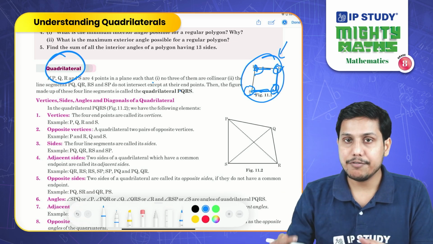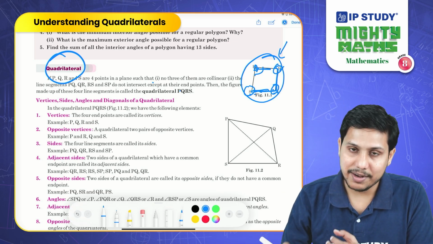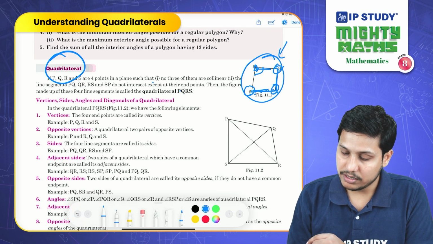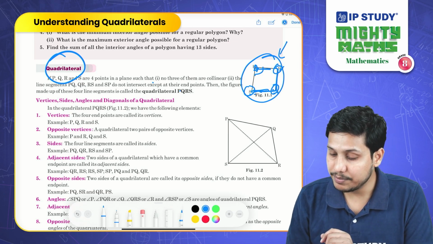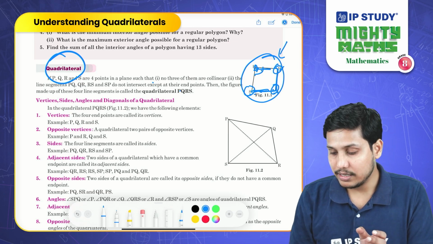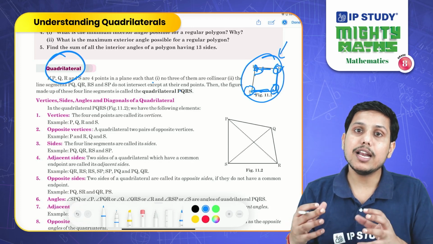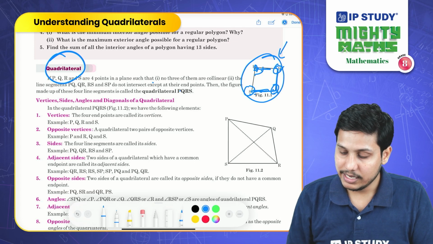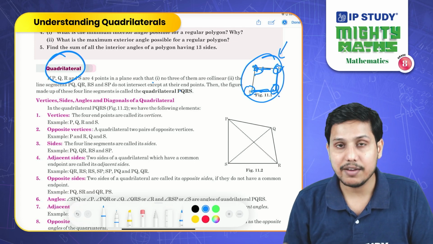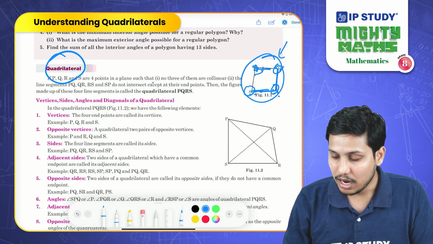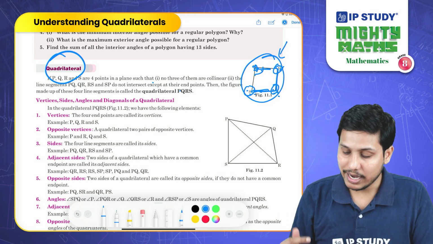Yes, similarly for Q and P, we have a common side PQ, and these are termed adjacent angles. So for opposite angles we need a non-common side. Yes, like P and R, these are opposite angles. S and Q are opposite angles, and so on.